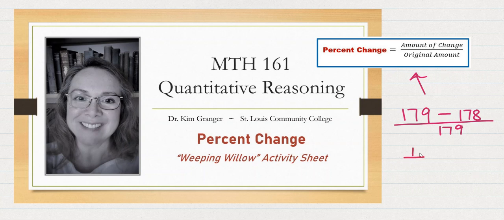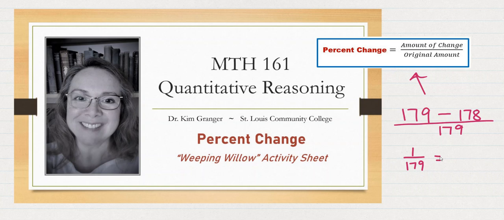And 1 pound, well, it's not certain until we really know what the percent is. Does 1 pound really make a huge difference? Well, I can see that it's not going to make a huge difference out of the 179, right? But we started with 179 pounds, so we're going to divide by 179.